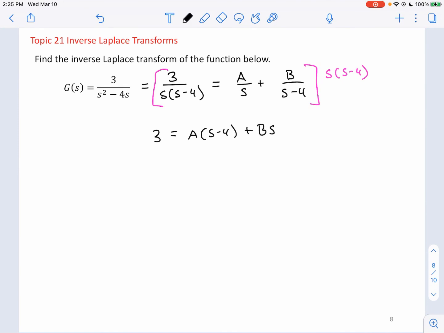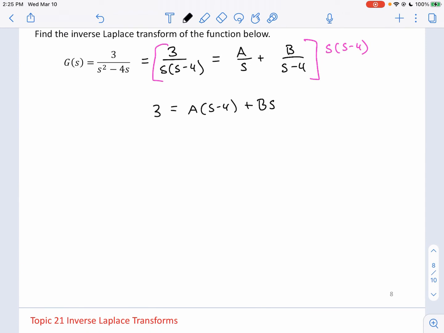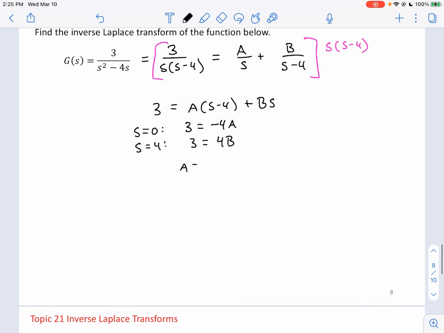I'm just going to do method 1 on this. Method 1 states pick some choices of s that'll cancel things, like s being 0 is convenient. So we get 3 is equal to negative 4a, and then let s be 4 is another convenient choice, and we get 3 is equal to 4b. So once again, we get a and b are opposites of each other, and a is going to be negative 3/4, and b is going to be positive 3/4.